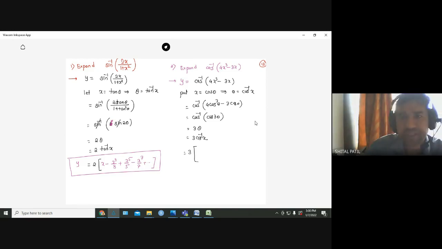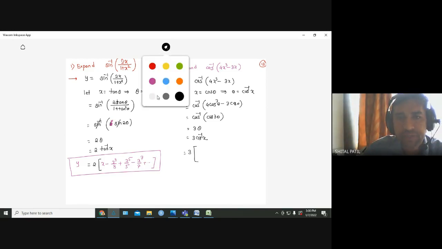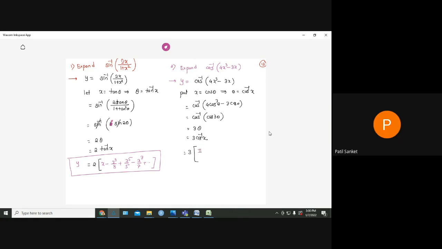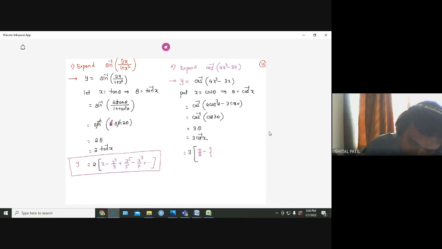And we know the standard expansion. Write the standard expansion: pi by 2 minus x plus 1 upon 2 x cube by 3 plus 1 upon 2, 3 by 4, x raised to 5 by 5. This is the answer.